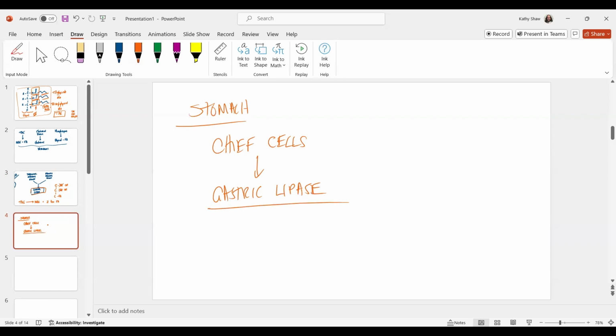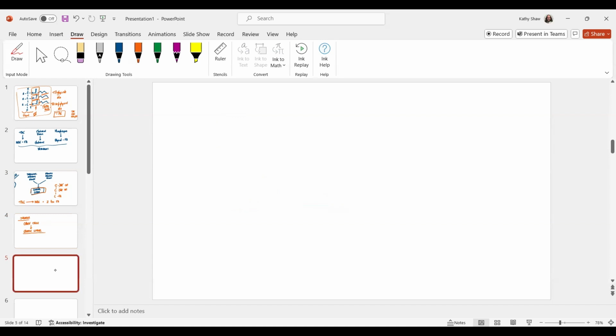So again, we'll do a little bit of work in the stomach. We'll release the gastric lipase, a little bit of work, but the main part of our work, like was true with most of our digestion, happens in the small intestine. So next stop is going to be the small intestine. And the bulk of our story is going to happen here.